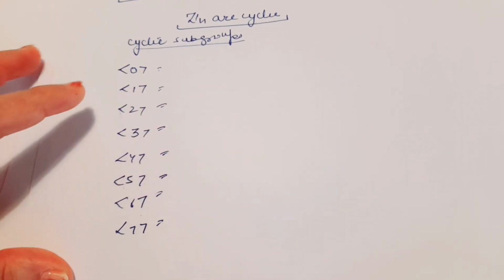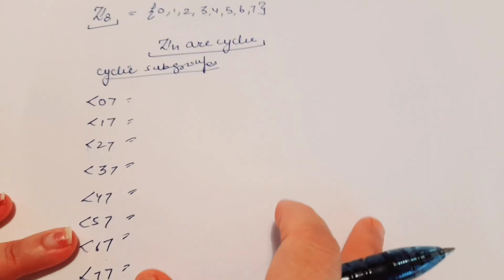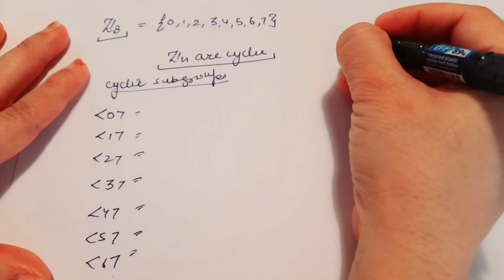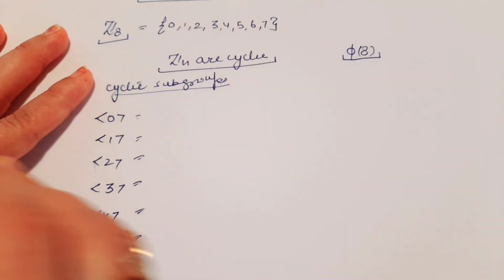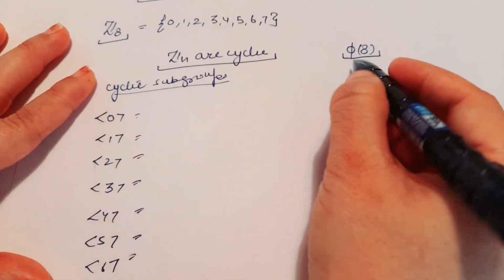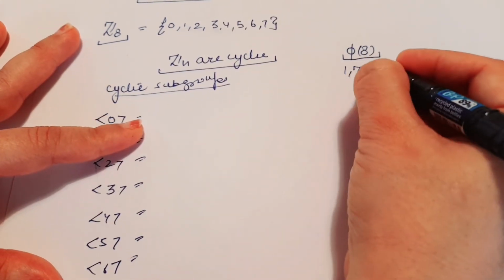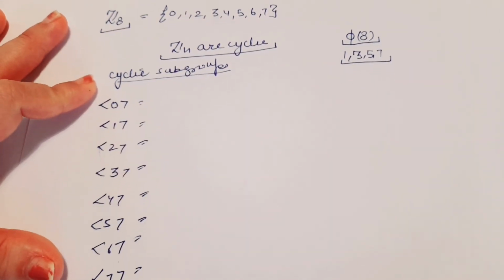So first of all, we should know what are generators of a cyclic group. It is a group of order 8, so its generators are phi 8. Phi 8 means those elements 1, 3, 5, 7. These are generators of Z8.